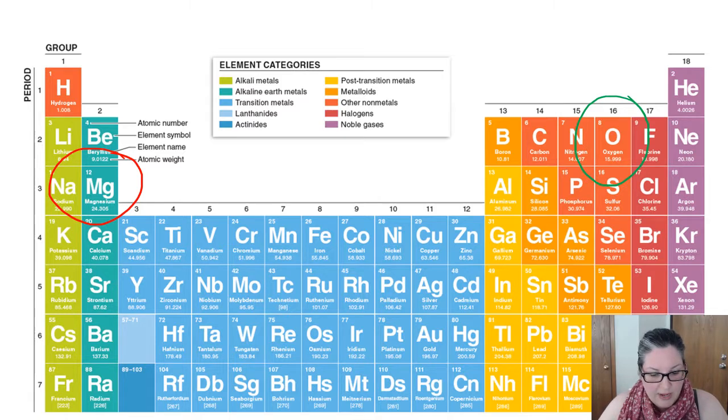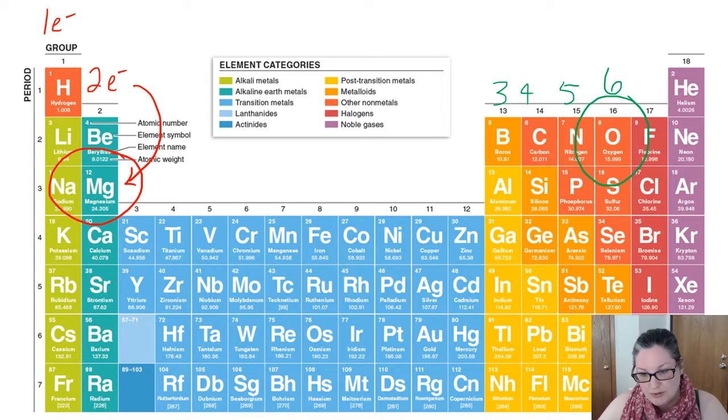So let's figure out how many electrons they have in their outer shell. Magnesium has 1, 2, just like calcium did in the previous question, and oxygen has 3, 4, 5, 6 in its outer shell. Oxygen's atomic number is 8, and magnesium's is 12.